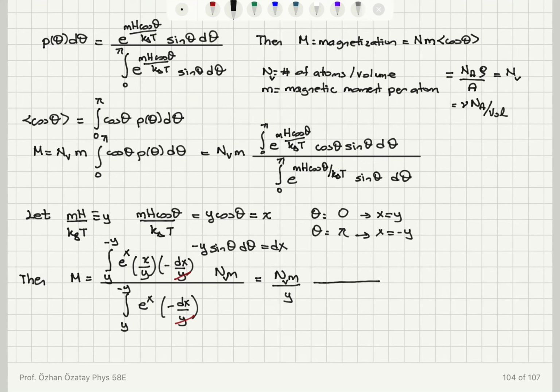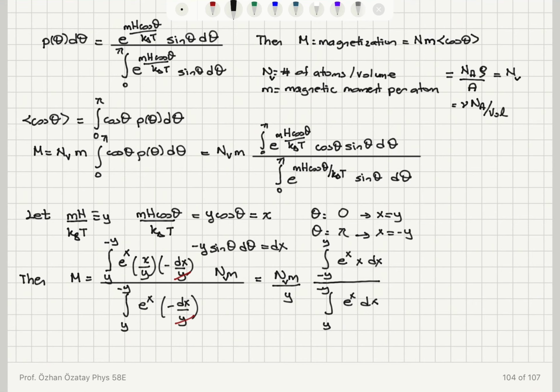The integral from minus y to plus y of e to the x dx, and in the denominator I have the integral from y to minus y of e to the x dx.